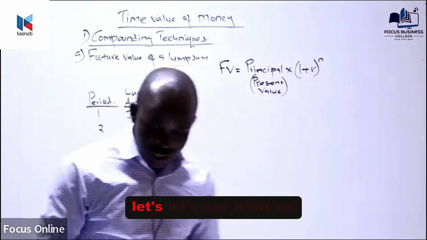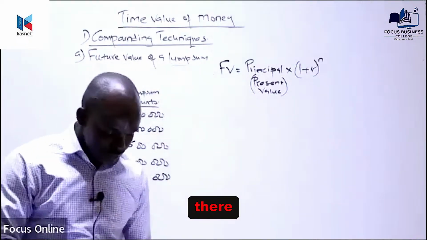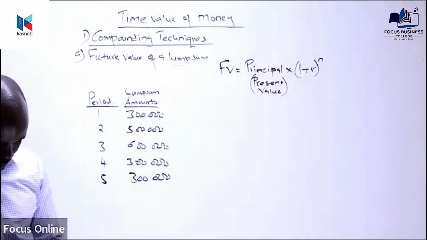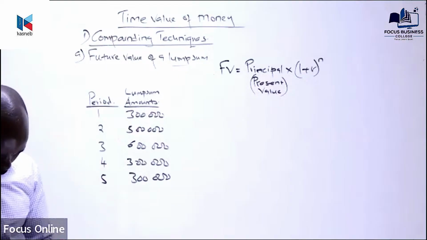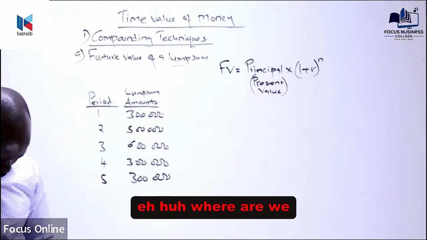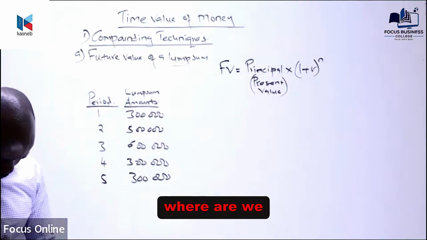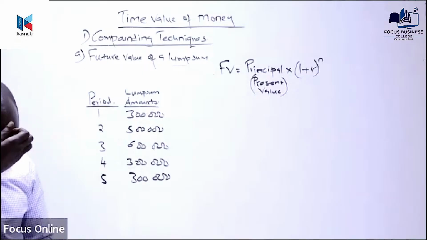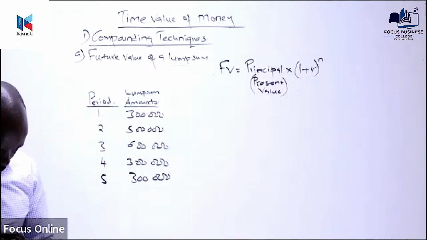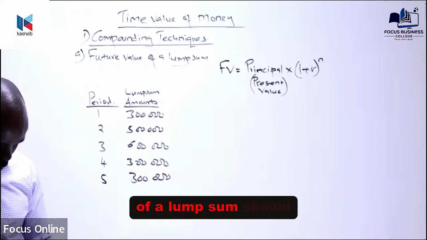Let's see what we have in the handout there. The future value of a lump sum should be there.